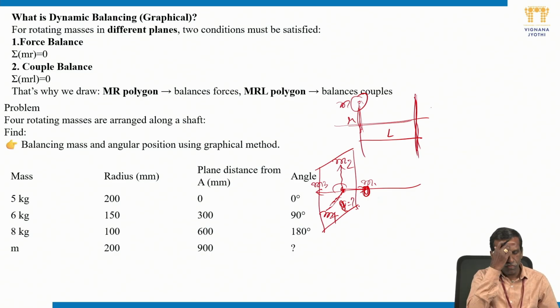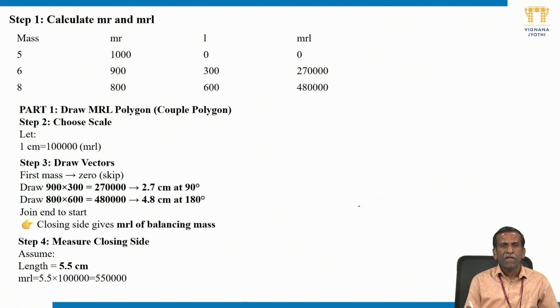For this, you can make a table of MR and MRL values of all these with the unknowns. Only three masses we know, because M and theta we don't know for the fourth. That's why for the first three masses you calculate MR and MRL from the reference plane distances. For the first mass the distance is 0, because with reference to that plane only we are taking moments of forces lying in the other planes due to masses.